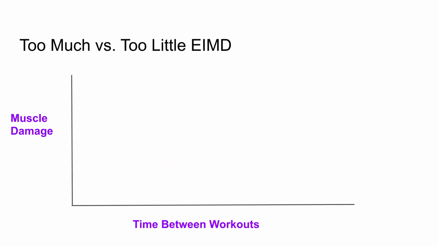See, too much muscle damage incurred during training that exceeds the body's capabilities to recover and repair will ultimately mitigate any potential hypertrophy. And this is because the ability to train at the appropriate intensities and frequencies will be impaired for extended periods of time.